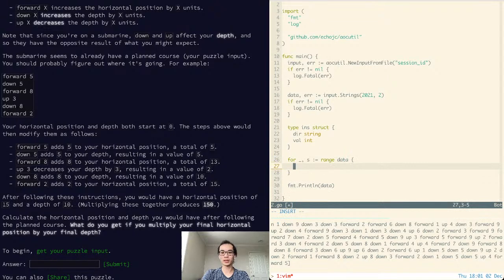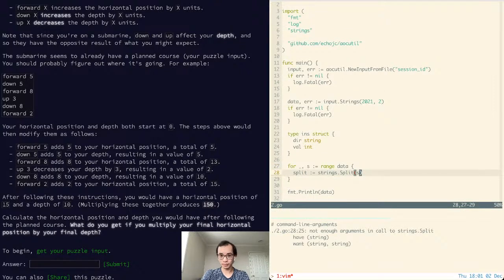There's a couple ways to do this, but I'll do it the naive way. Let's call it that. So I'll split the string on space, and then, I'm having some naming problems.